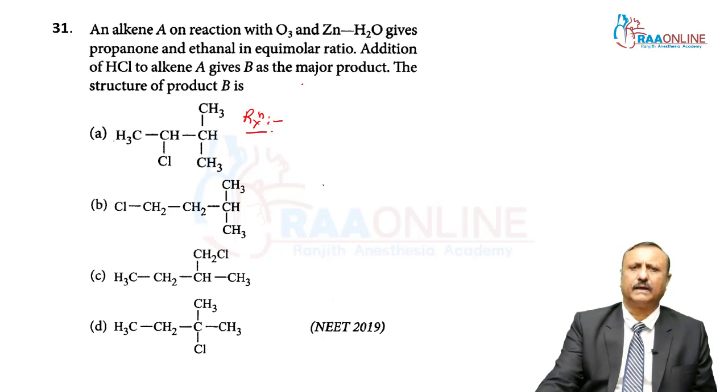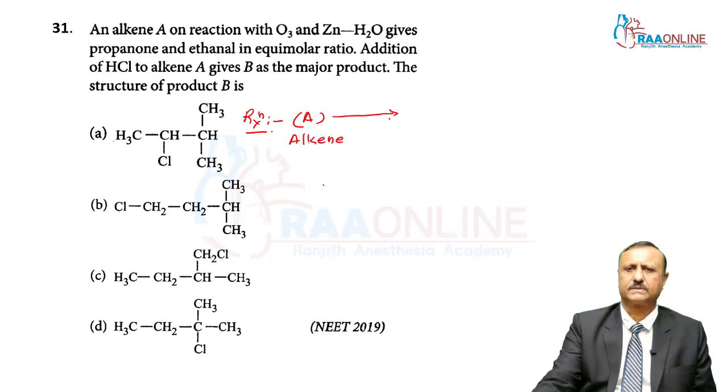Here an alkene A reacts with ozone and Zn, H2O and gives propanone, that is CH3COCH3, plus ethanal.